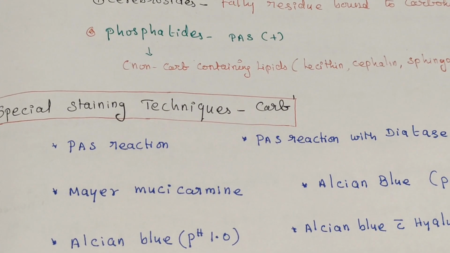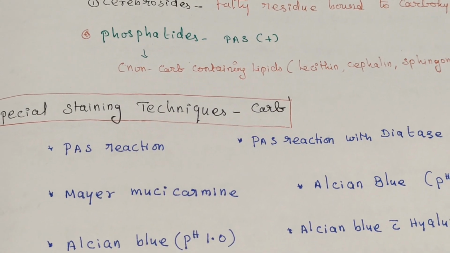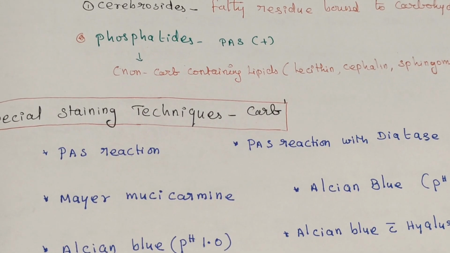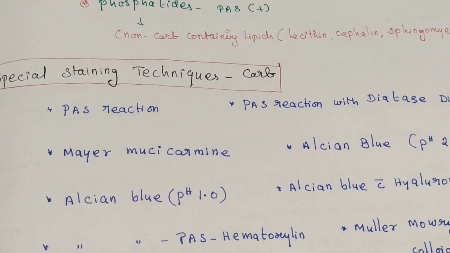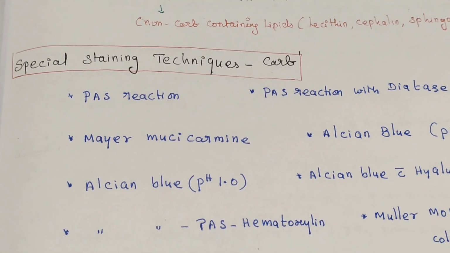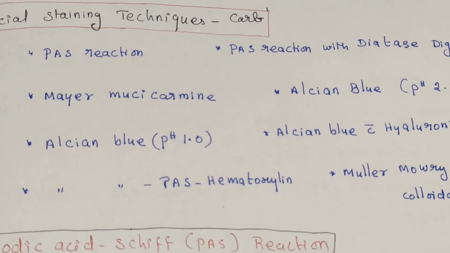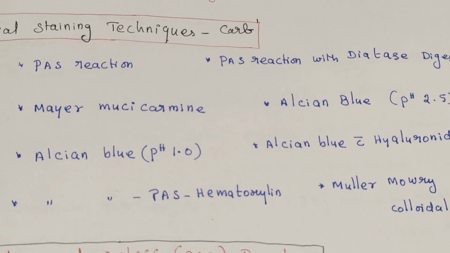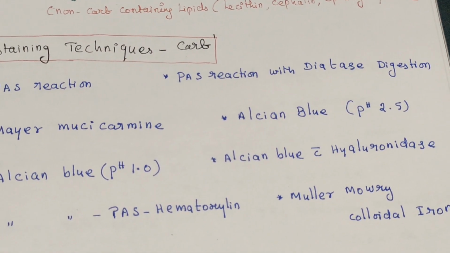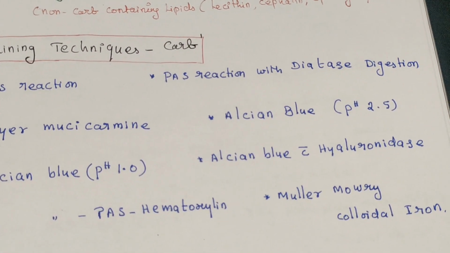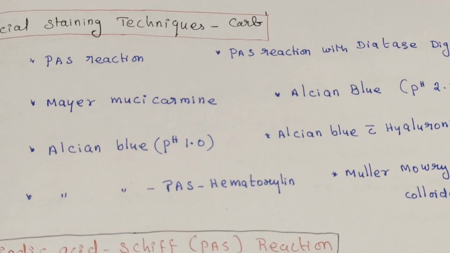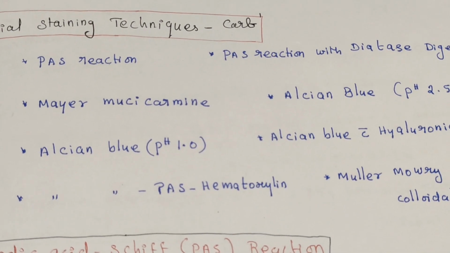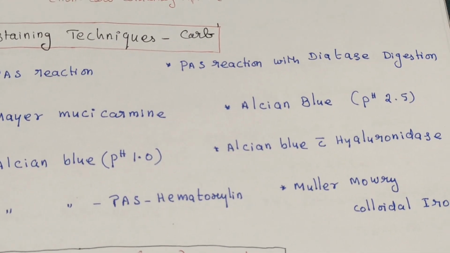Now, what are the special staining techniques we use for carbohydrate? Listed here. First one is PAS reaction. Second one is PAS reaction with diastase digestion. Then Mayer's mucicarmine.